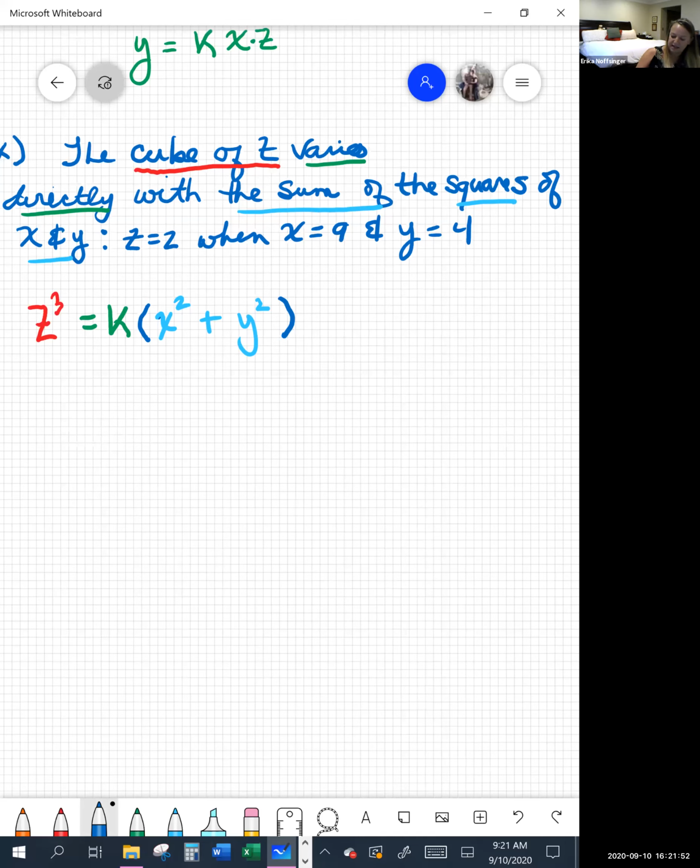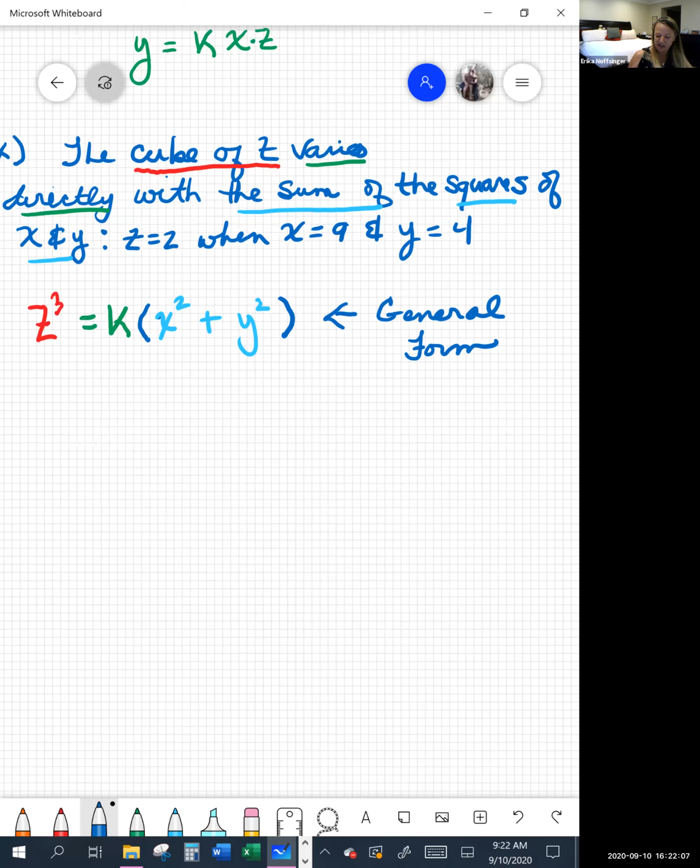Okay, so this right here, this is the general form. We just did the setup for the general form.